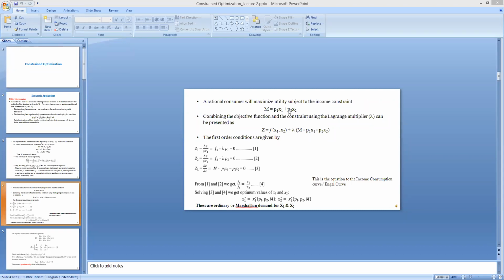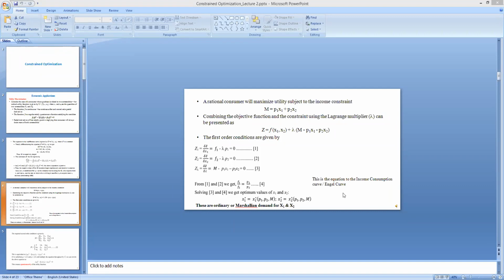In that case, the absolute slope of the budget line becomes p1 by p2. So we are deriving a new equation: the ratio of marginal utilities, or MRS x1 x2, is equal to relative prices. According to micro theory, this is the equation of the income consumption curve or the Engel curve.